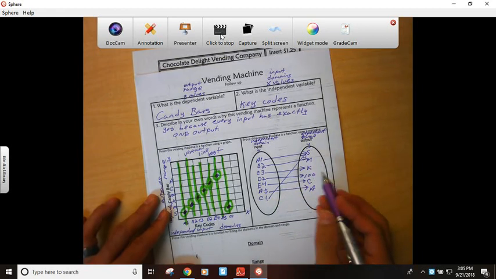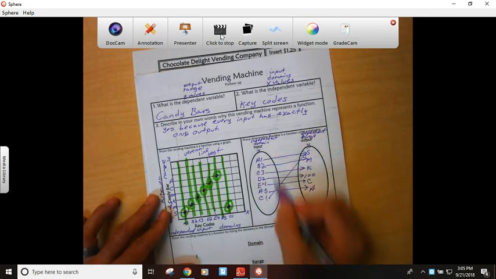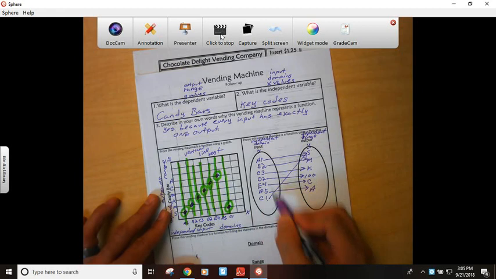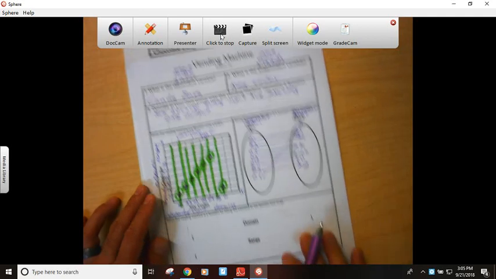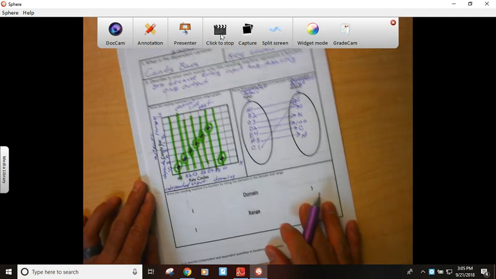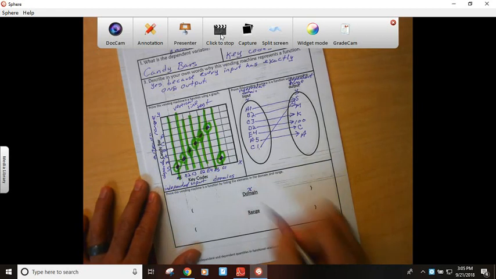So the easiest way to think about it is you focus on your domains, your inputs. They should only have one arrow pointing from each one. Now your domains and your ranges. Remember, your domains are your X values.